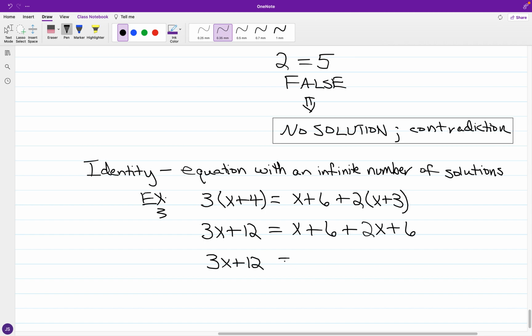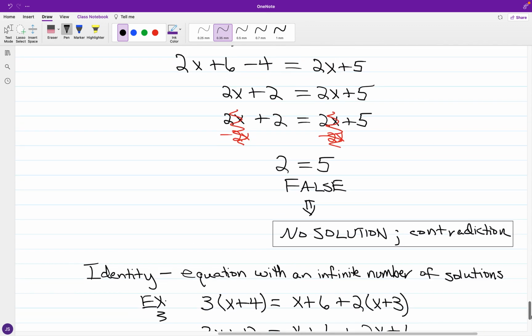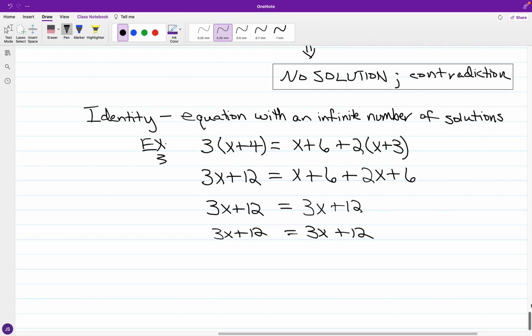So left-hand side, we have 3x plus 12. Right-hand side, we have x and 2x, so this will make 3x, and 6 plus 6 is 12. And this time we have a setup with like terms on opposite sides.